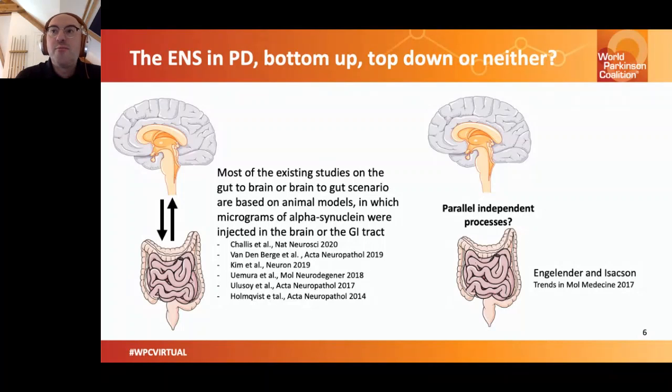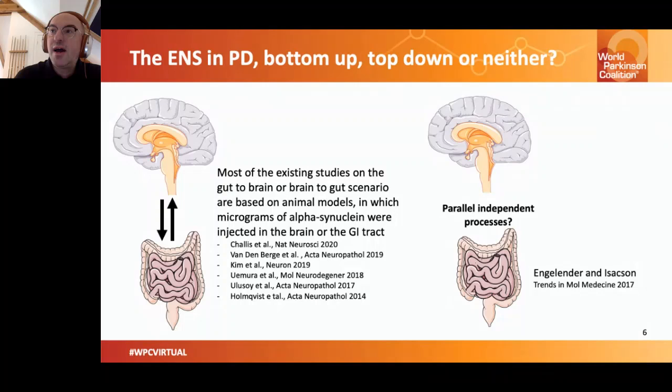It should, however, be borne in mind that most of these experiments have been carried out after injecting large amounts of alpha-synuclein, in the microgram range, into the GI tract of either rodents or non-human primates, while the measured concentration of alpha-synuclein in the interstitial fluid of the brain is only within 1 to 4 or 5 nanogram per ml.